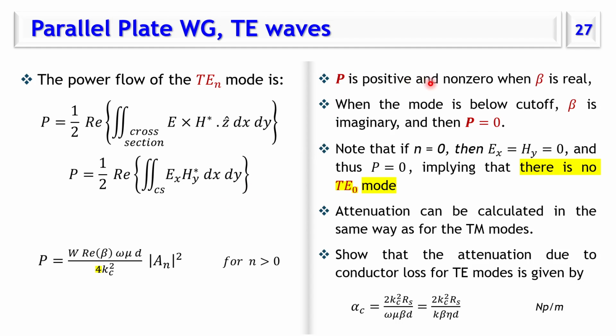Again, P is positive and non-zero if beta is real, P equals 0 if beta is imaginary for non-propagating waves. The attenuation because of the conductor can be calculated in a similar way, and in the case of the two parallel plates waveguide, it will have this expression.